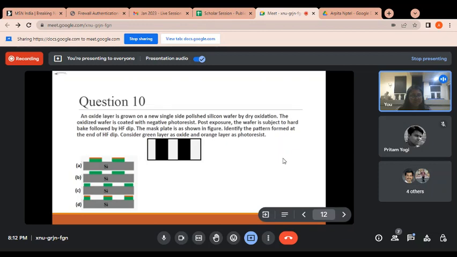What is the right answer? Vishnu? Venkataraman?